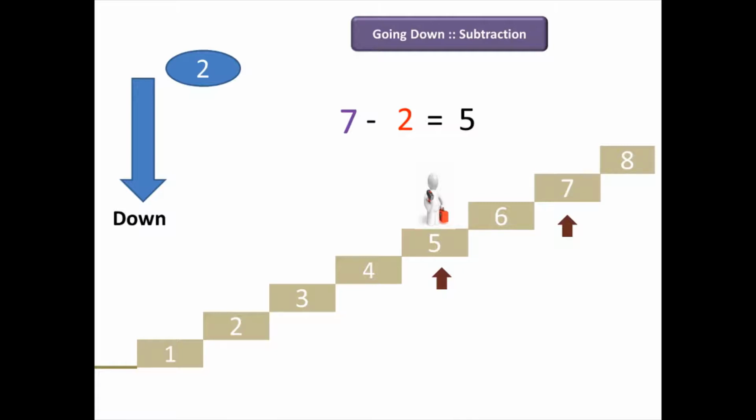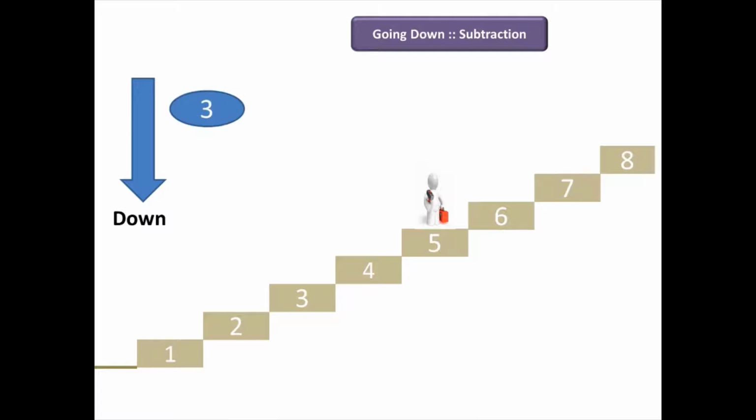Okay, we'll take one more example. From 5th floor, he has to come down further by 3 more floors. Okay, some work is there, so he has to come down by 3 more floors. 1 2 3. Okay, so he was at 5th floor and he comes down by 3 floors, and at which floor he is in right now? 2nd floor.